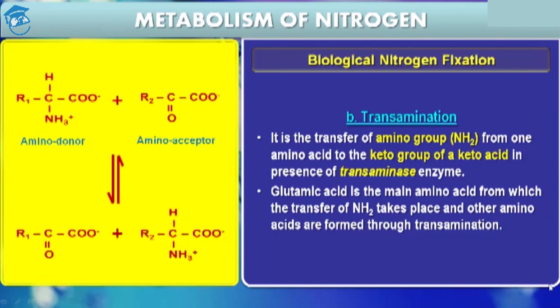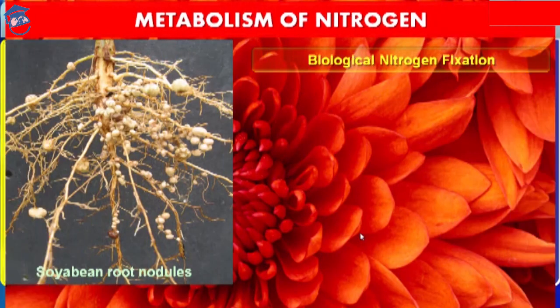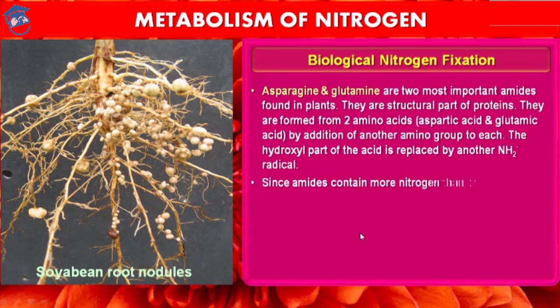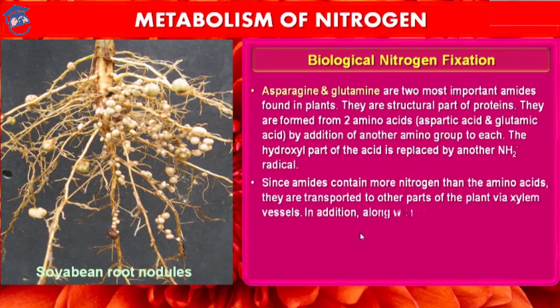So glutamic acid is the main amino acid from which transfer of NH2 takes place, and other amino acids are formed through transamination. Asparagine and glutamine are the two most important amides found in plants as a structural part of protein.